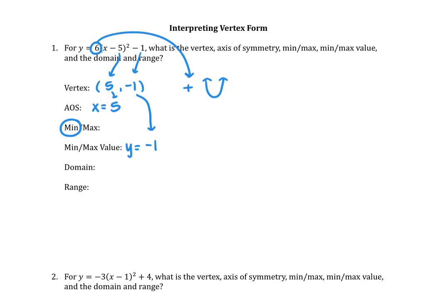For the domain, remember, it's going to be extending to the left forever and the right forever. So that domain is all real numbers. And my range, because I have a minimum value at y is -1, my other y values have to be greater than or equal to -1.